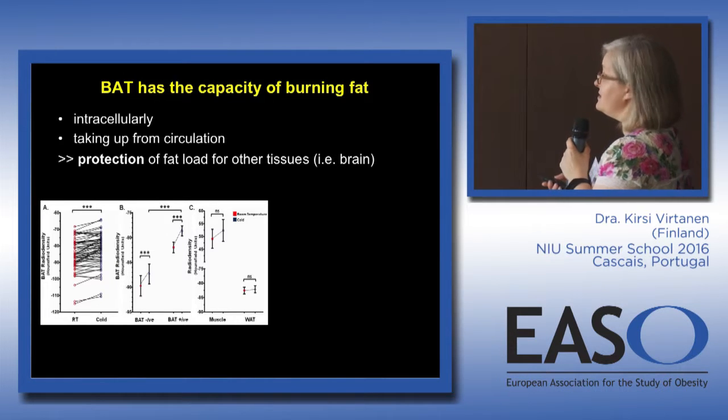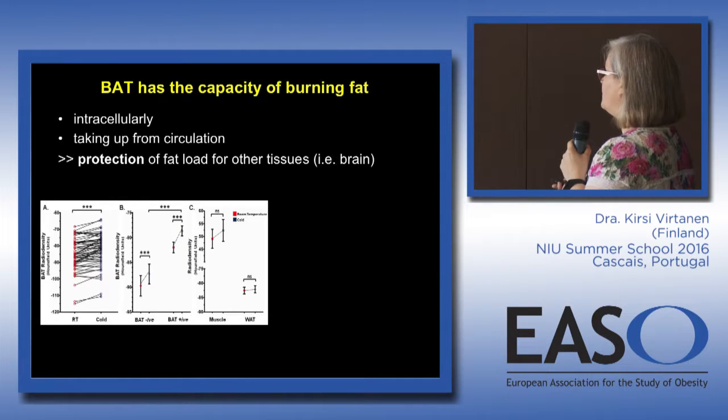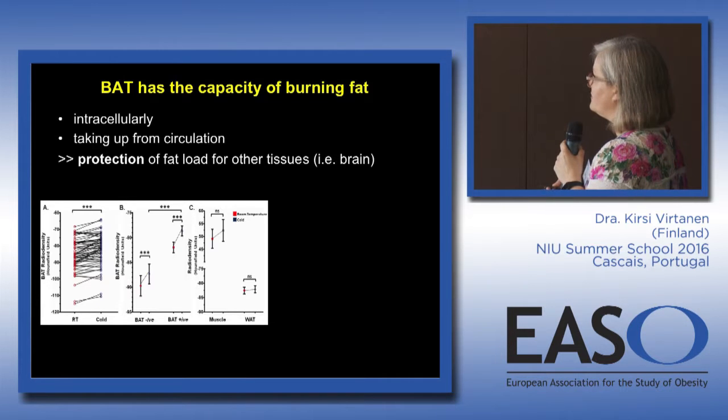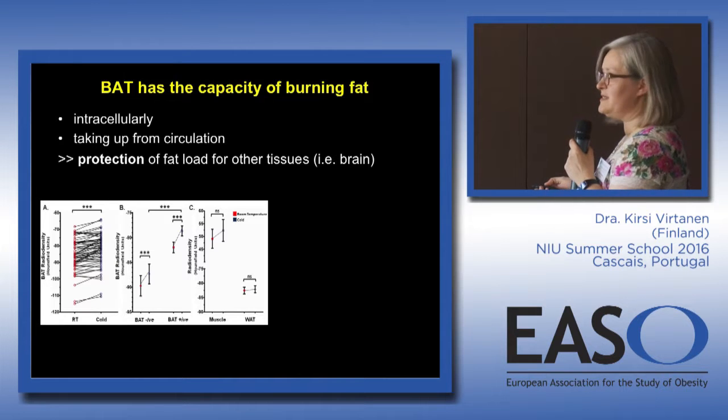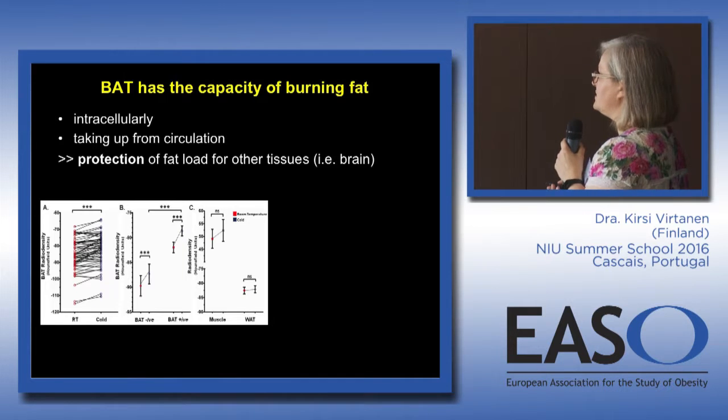And this might optimally protect other tissues from lipid load, like, for example, brain. And cold, again, was shown to increase brown fat radiodensity, which means that it burns the intracellular lipids. The lipid content decreases by cold.